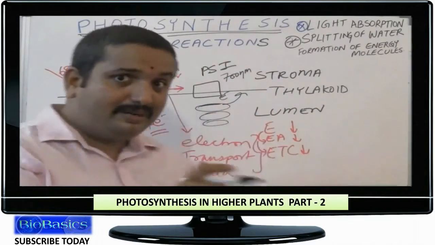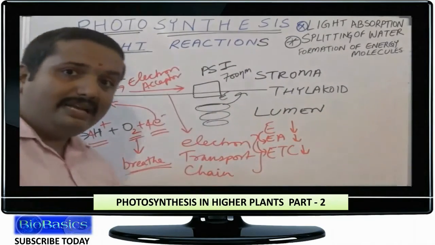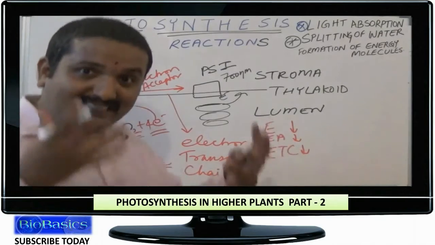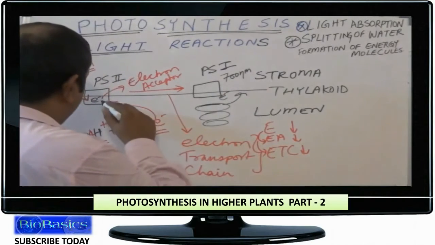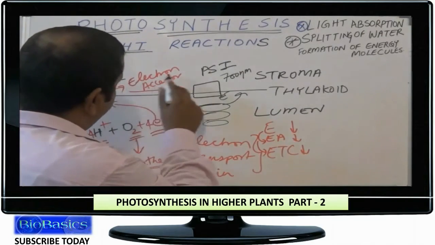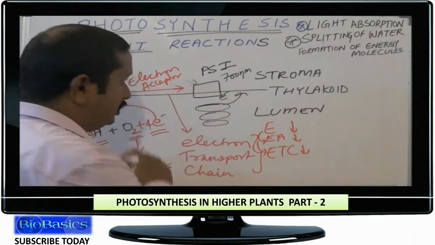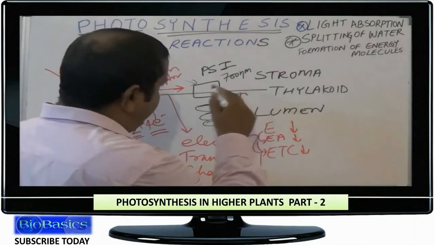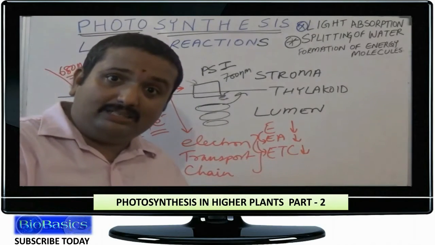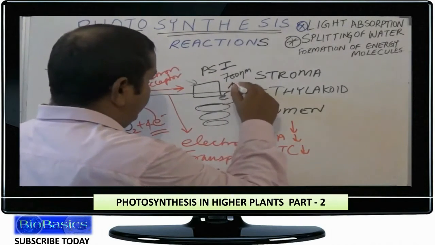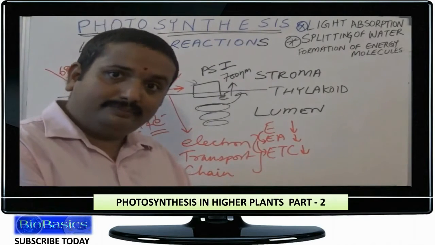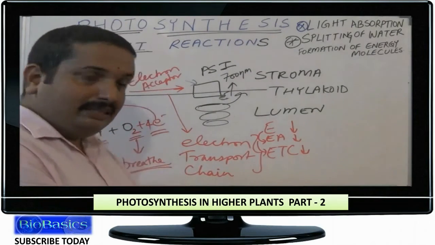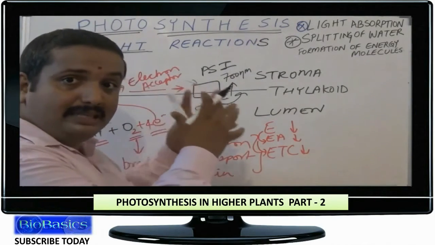So when they are available, both of them will have very excited electrons. Now you have an excited electron which has come all the way from photosystem 2 to photosystem 1, and photosystem 1 is also having enough excited electrons to jump. Got it? Now there is a lot of excited electrons here.